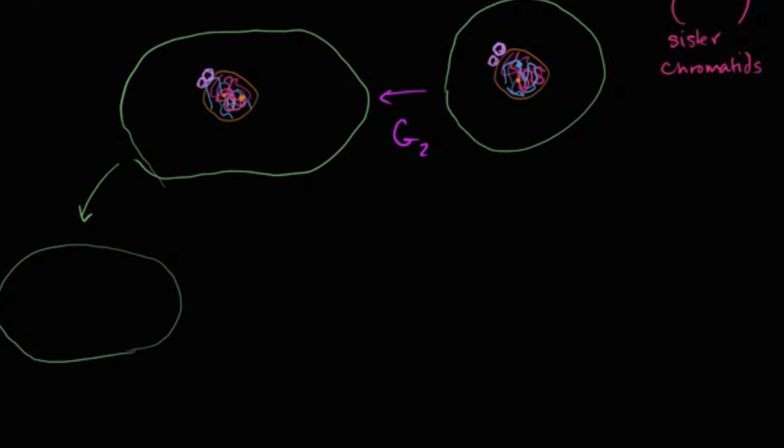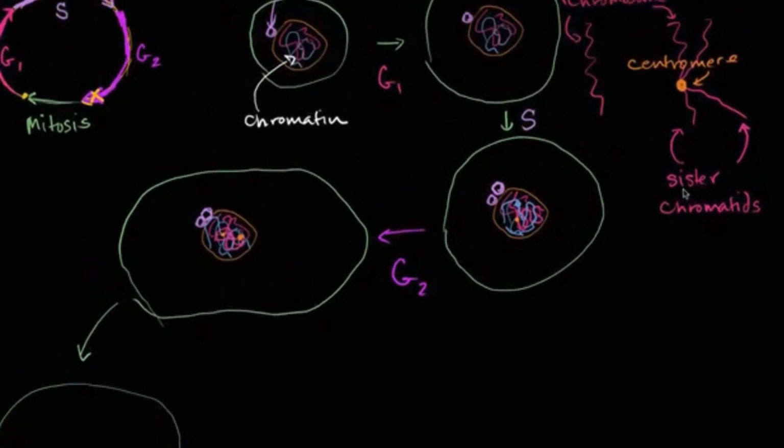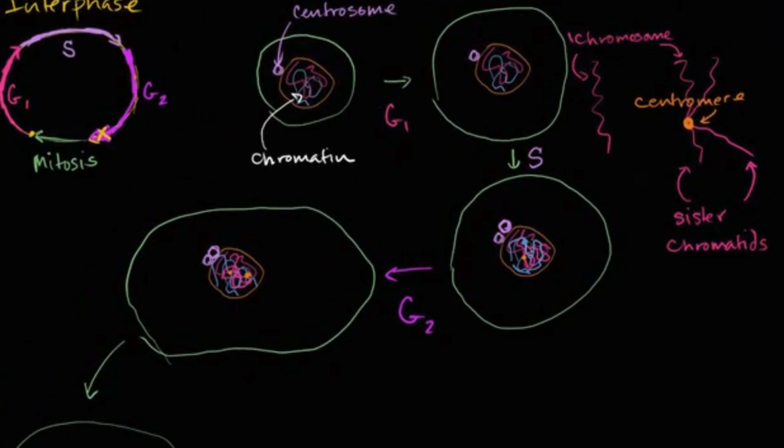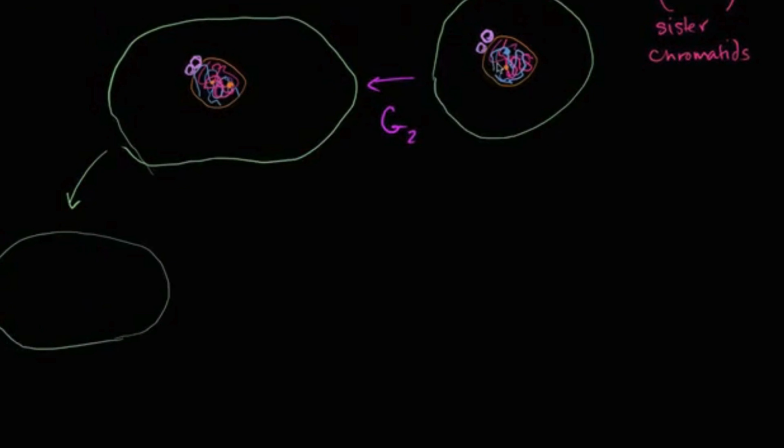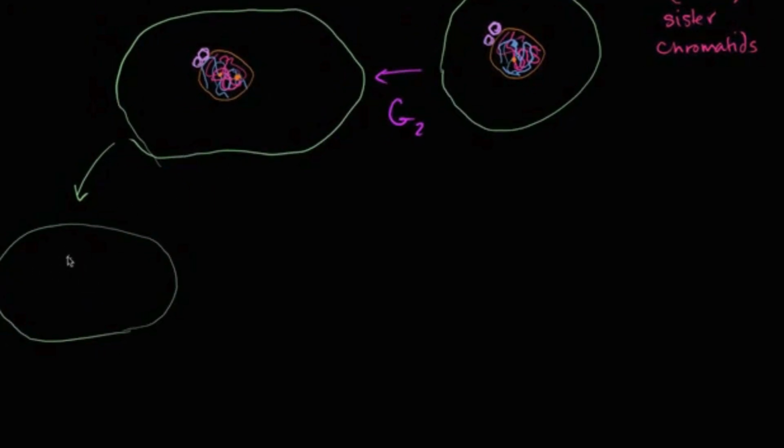So, for example, that magenta chromosome, which is now made up of two sister chromatids after replication, we talked about that in the interphase video, it might look something like this if you were to look in a microscope. It's unlikely to be magenta, but it's going to have that classic chromosome shape that you're used to seeing in textbooks. And it has the centromere that connects these two sister chromatids.